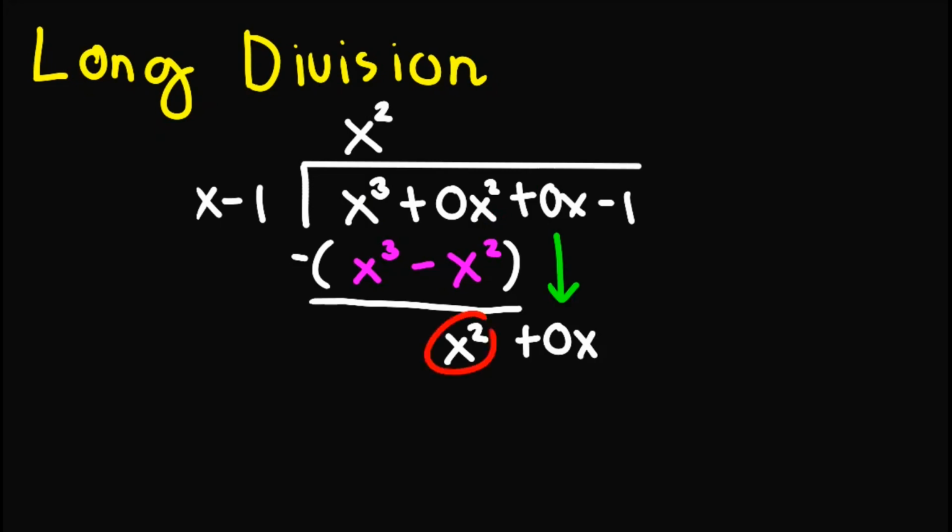So we divide this one by this one, and that will give us x. Multiply this one by this whole thing out here, and subtract.